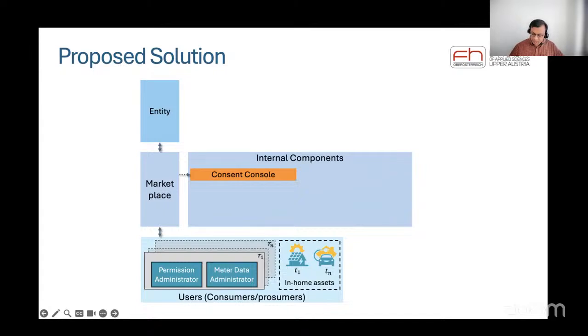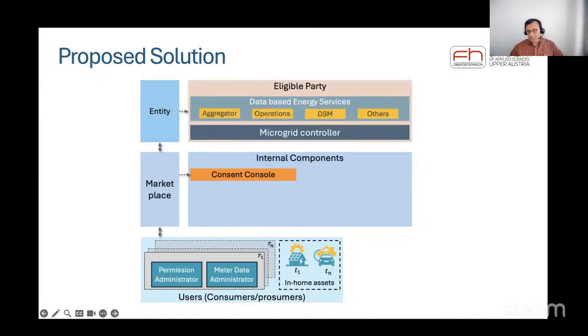Once the entity understands that there is a possible scope of identifying further, they can register themselves as an eligible party. An eligible party is the legal entity which can officially request the data from the Consent Console.